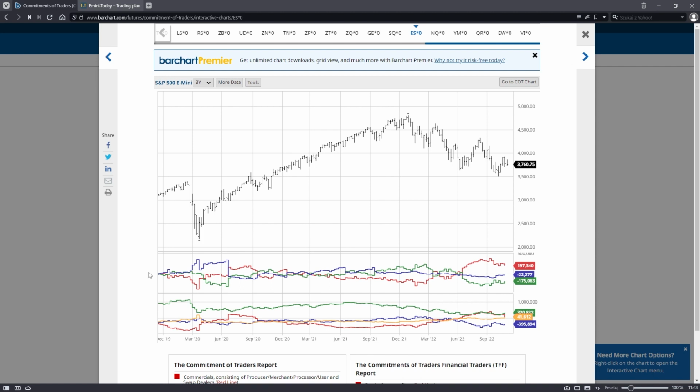The large institutions, large speculators, generally when they initiate a position, it's usually not an intraday position. They will hedge themselves with options. So when they buy the market, they will also buy the protection in the form of puts.